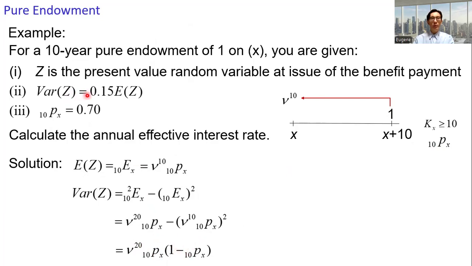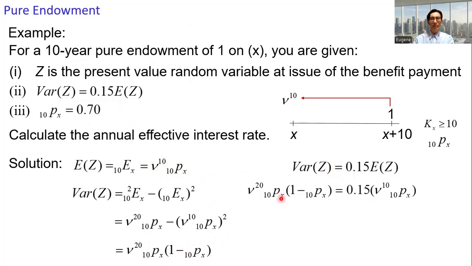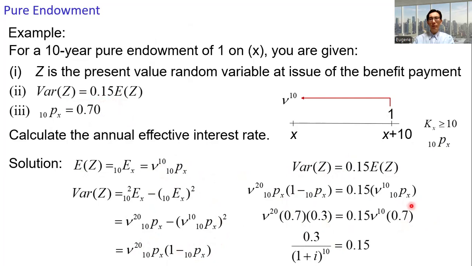The variance of Z equals 0.15 times the expected value of Z. Substitute the expression here. 10px is 0.7, and 1 minus this is 0.3. Doing the simplification, we have some cancellation, and then we have 0.3 over 1 plus i raised to the power 10 equals 0.15.